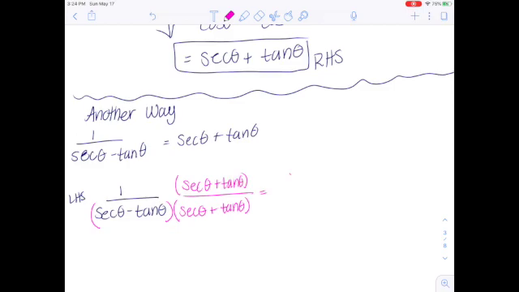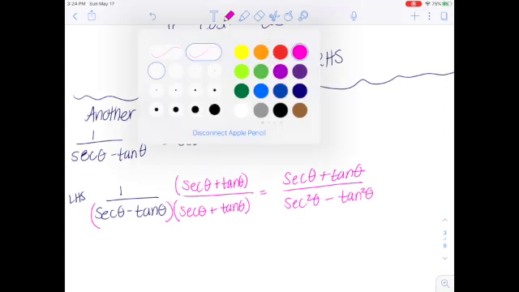All right, so that would be left with secant of theta plus tangent of theta over secant squared of theta minus tangent squared of theta.